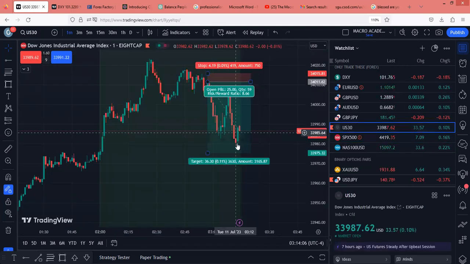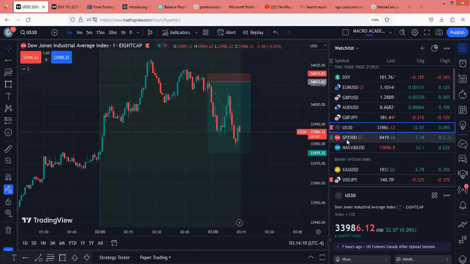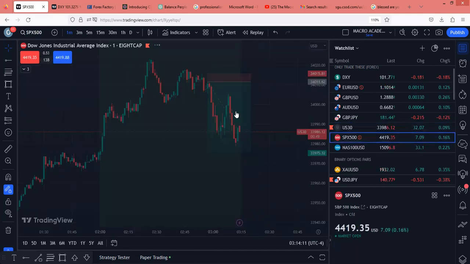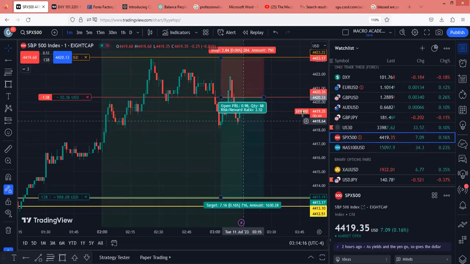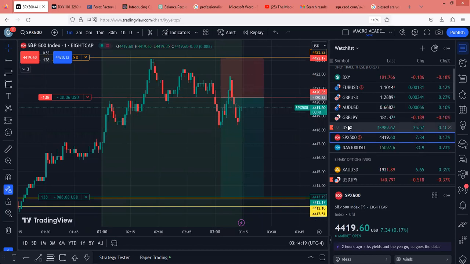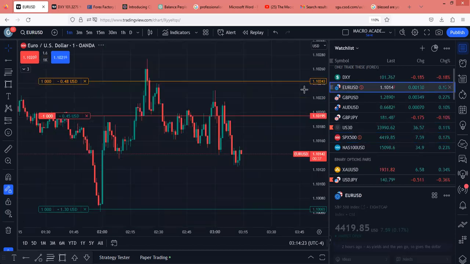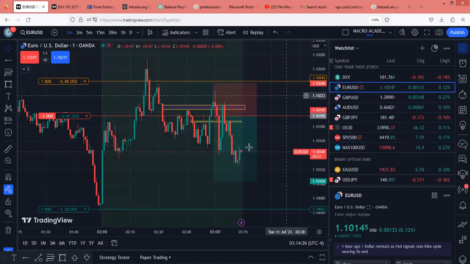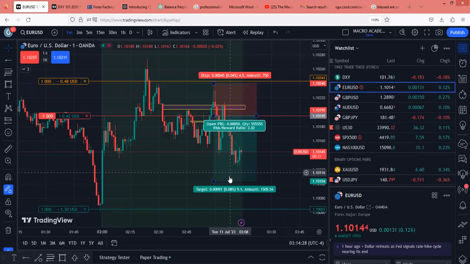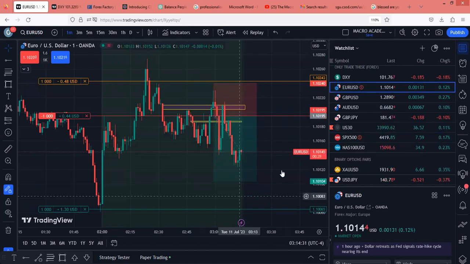It's made a lower low here, but on the S&P, it's currently a higher level. So I don't like seeing that, but we keep watching to see. I want at least a 2 hour before I take anything off this trade.